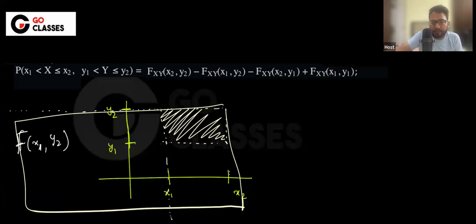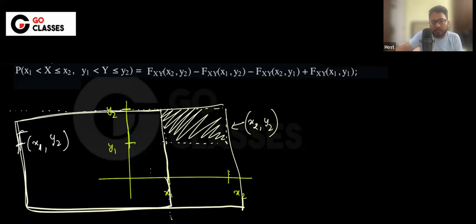See here, this whole complete box is x2, y2. Now you want to find out this. So maybe you can remove x1, y2 first. If you remove this, then this is x1, y2.